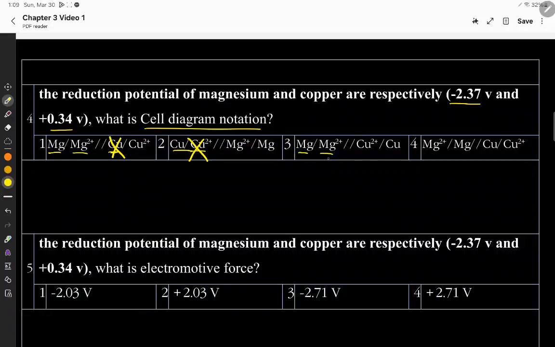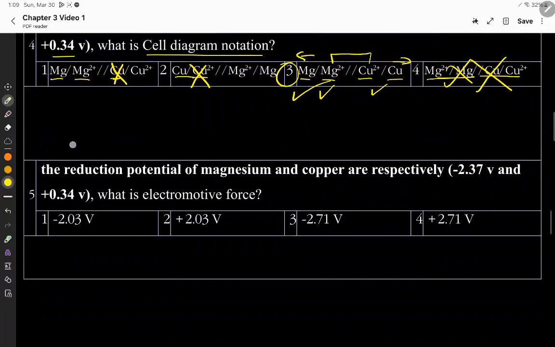Anode before, anode after, yes. Cathode before, cathode after, yes. In the middle, a greater value than on the outer side. So this is the correct answer. This is no, because it has reduction of magnesium and oxidation of copper, which is the wrong arrangement. So this is not a galvanic cell. This is the correct answer.